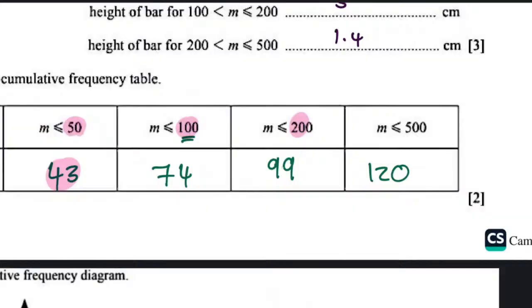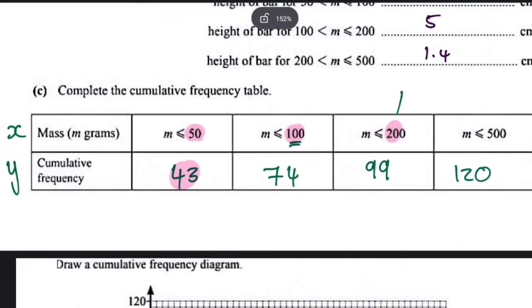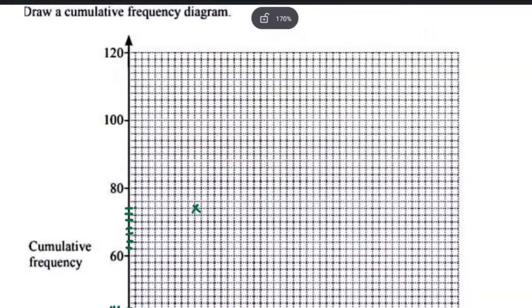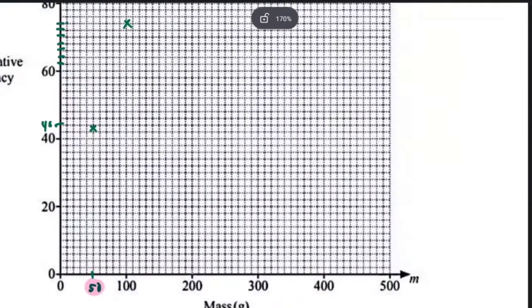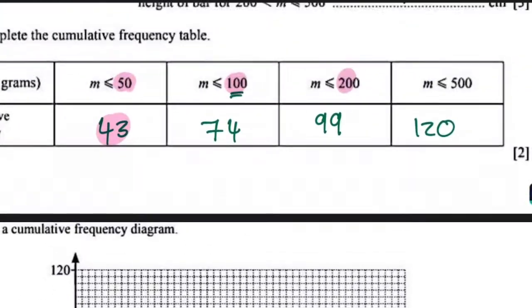Now we do the next one. 99. This is the y value. It's cumulative frequency. So on the x is 200 that we put. So we look for 200 on the x. Here it is. We put 200 on the x. Then on the y, what would that be? That's 99.